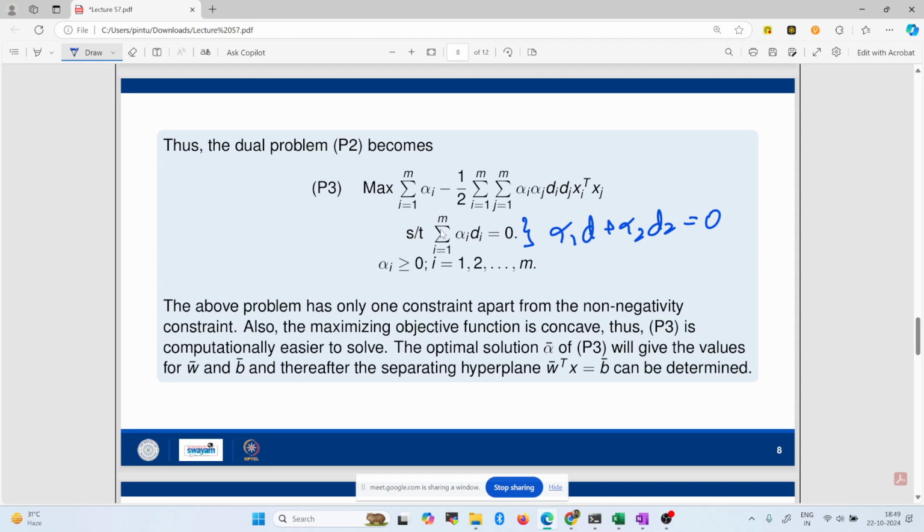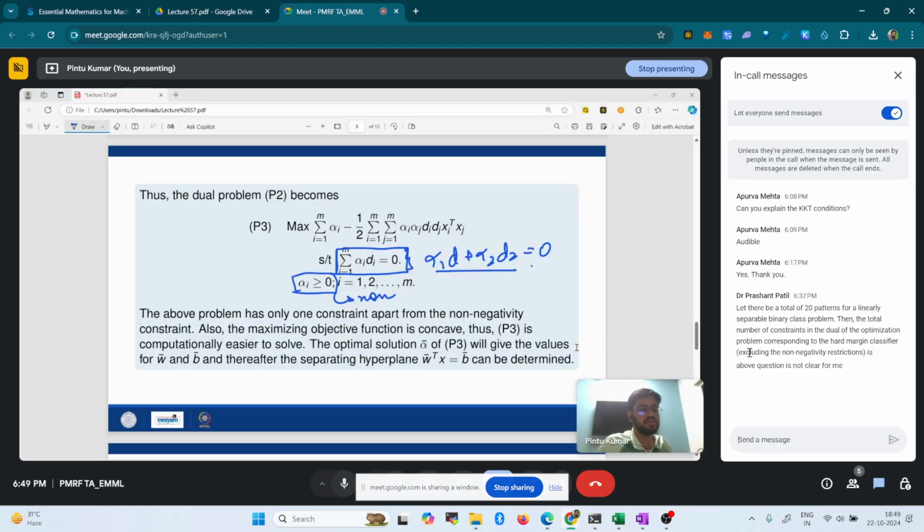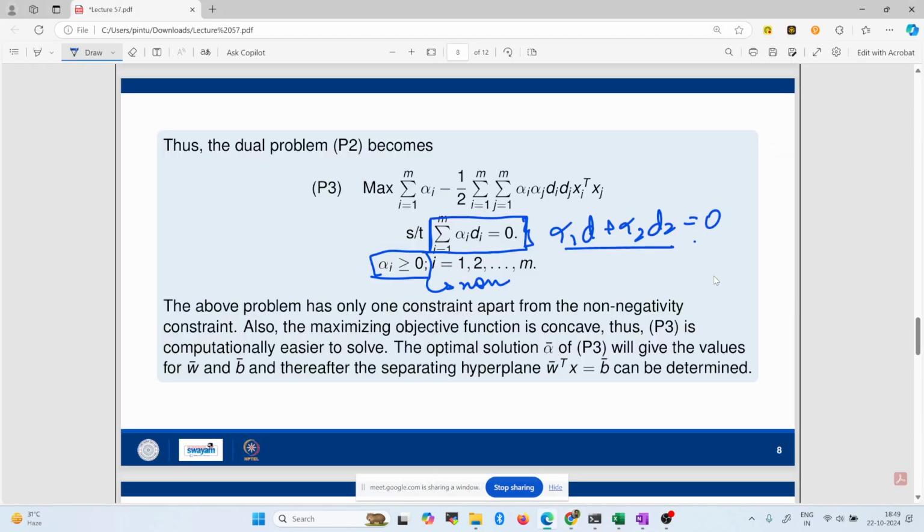So this is not 20 constraints, I'm really sorry, but only one constraint that you have. The inequality ones are called your non-negativity constraints, and they have explicitly mentioned that you should not consider non-negativity. So there is no point.